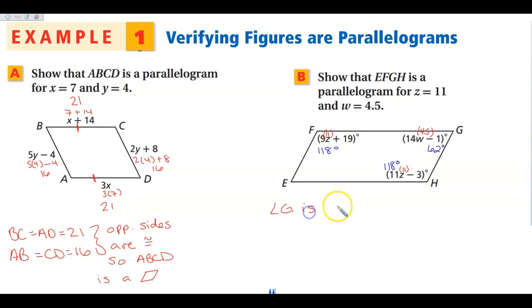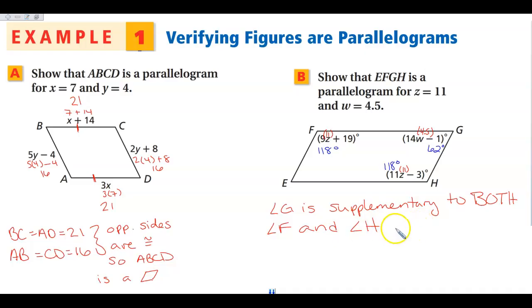So G is supplementary to both angle F and angle H. So EFGH is a parallelogram.